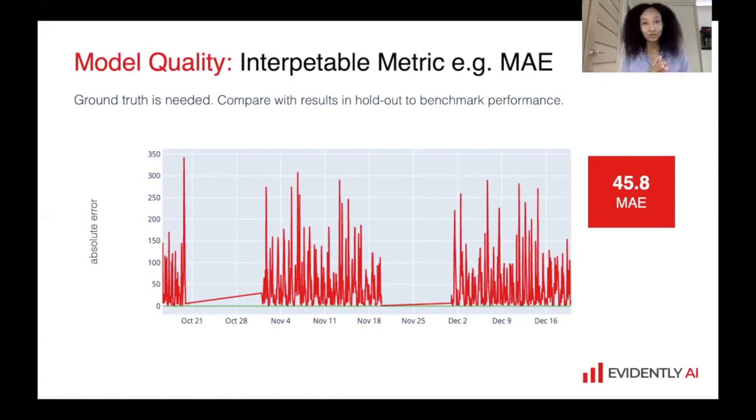Or for regression, you could, for example, use root mean squared error, but the mean absolute error or mean error is much more intuitive, so sometimes it's more convenient to have some straightforward metric which you see and immediately understand what is going on, right?